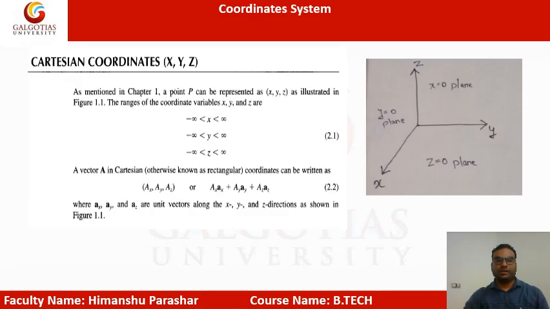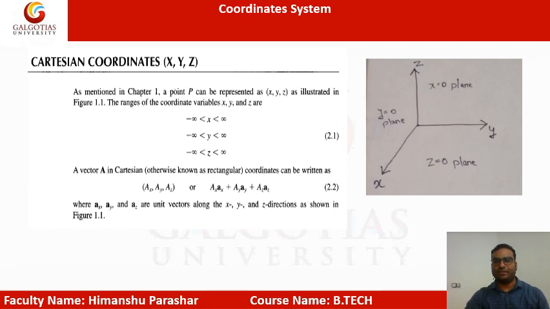So now come to our topic, coordinate systems. The first one is Cartesian coordinates, also called rectangular coordinates. Its coordinates are x, y and z as shown in the figure. Like the simple coordinate system we have studied since 11th class, this is x, this is y, and this is z.